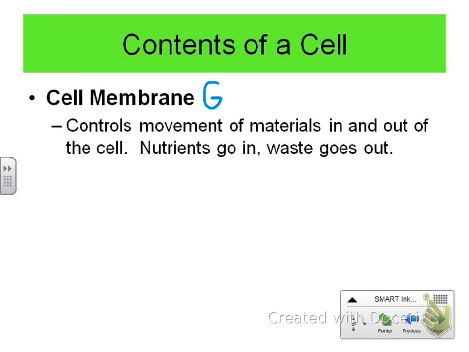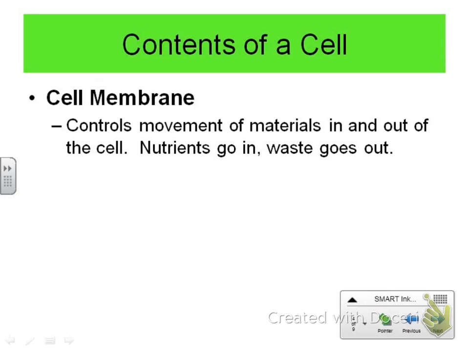So I'm asking what definition it matches with. Rachel? 3. All right, let's look at 3. It says controls movement of materials in and out of the nucleus. The key word in that is nucleus. So is it number 3? No. Which number is it, Allie? 4? 4 controls the cell activities.